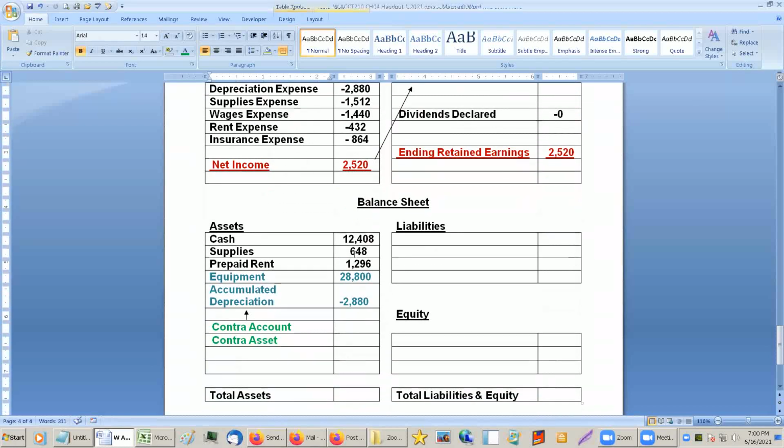So what we're going to do is add all these up and then subtract out that.